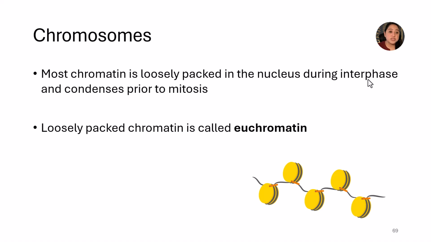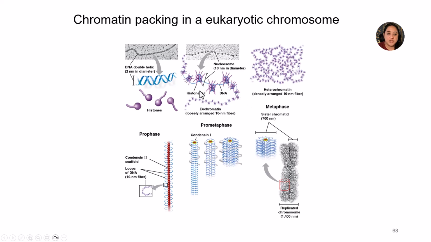So yeah, most chromatin is loosely packed in the nucleus during interphase and then condenses prior to mitosis. And so the loosely packed chromatin is called euchromatin. This is like a super simplified figure. This isn't even showing the 4 different histones on each side. But here you could see that euchromatin is more loosely wrapped, and then heterochromatin is more tightly wrapped.